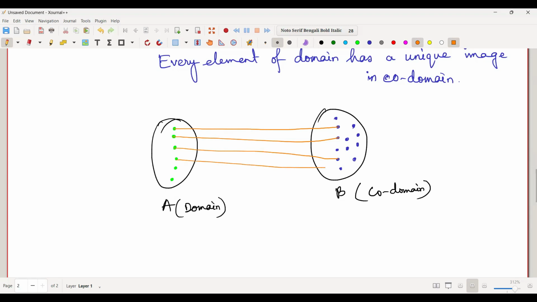This element should be mapped to another element. For this, the image is another element.